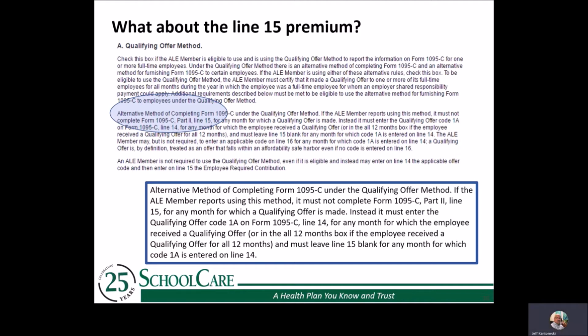A qualifying offer is, by definition, treated as an offer that falls within an affordability safe harbor. An applicable large employer is not required to use the qualifying offer method even if it is eligible, and instead may enter on line 14 the applicable offer code and then enter on line 15 the employee required contribution.